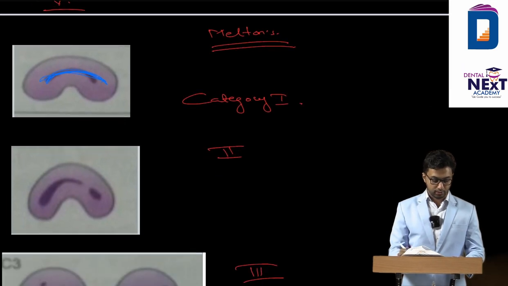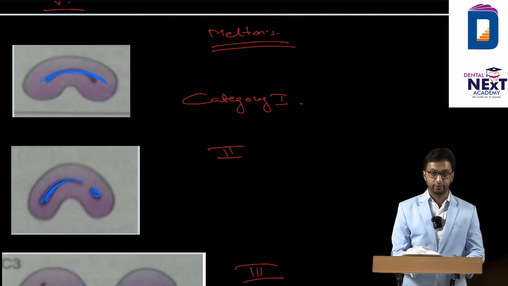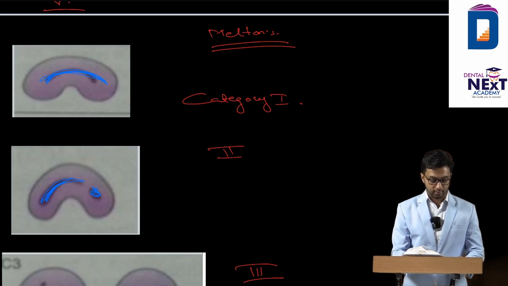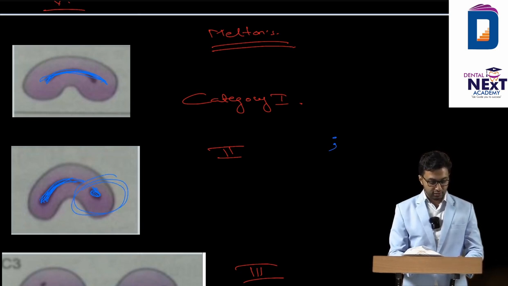Whereas category 2 is a semicolon shaped canal system. You know what a semicolon is, you write it like this. So it's a semicolon shaped canal system with a distinct mesial canal, very clearly seen here.